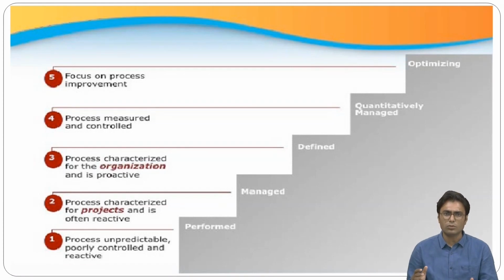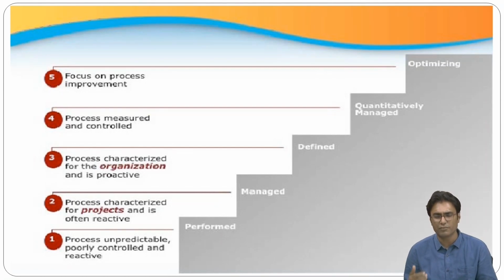So through quantitative process improvements, changing business objectives are revised. Then improvements in processes are measured and evaluated against the quantitative process improvement objectives.